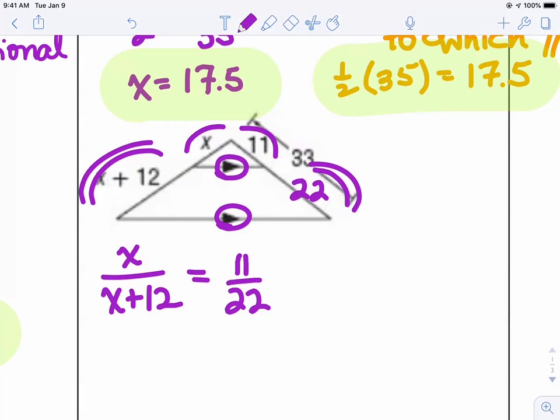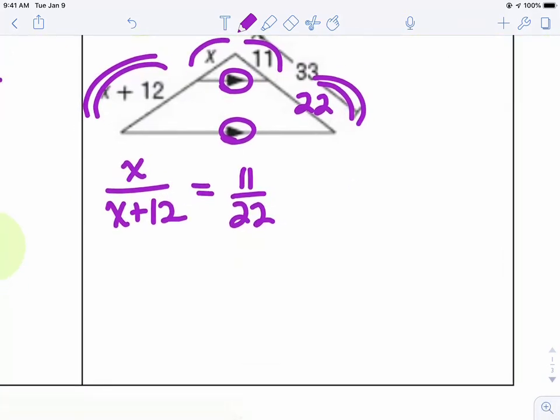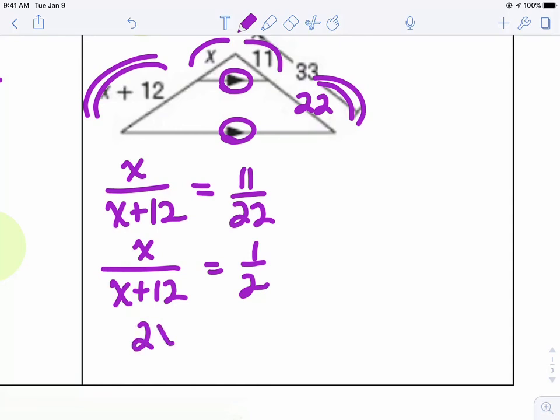Now again, I'm comparing the numbers to each other because I would like to be able to simplify. And so notice 11 over 22 makes it 1/2, which is nice. So x over x plus 12 equals 1/2. So 2x is x plus 12, and x equals 12.